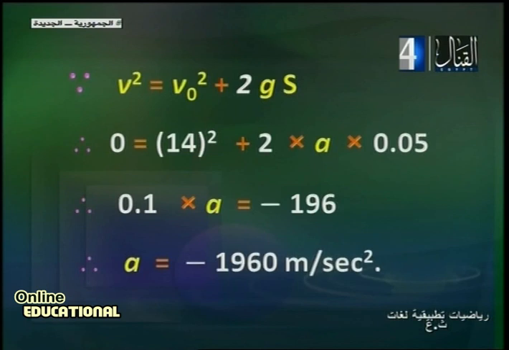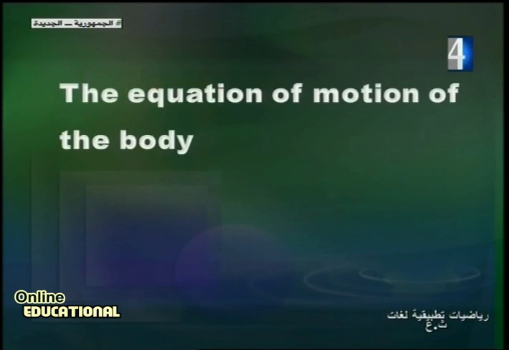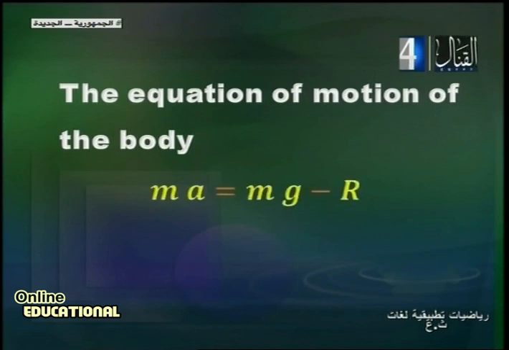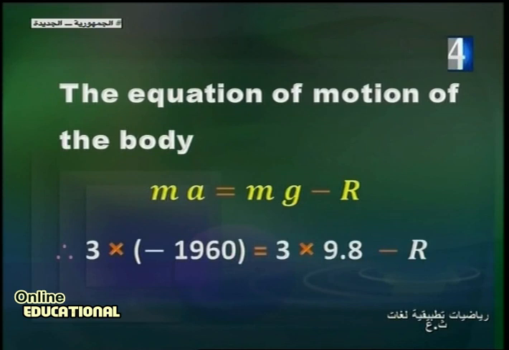About the motion of the body in the sandy soil, we have Newton second law, ma equals mg minus r. mg, the weight of the body, and r is the resistance of soil, sandy soil. The mass equals 3 kilogram, multiply the acceleration, which equals negative 1960, equals 3 multiply 9.8 meter per second square minus r.